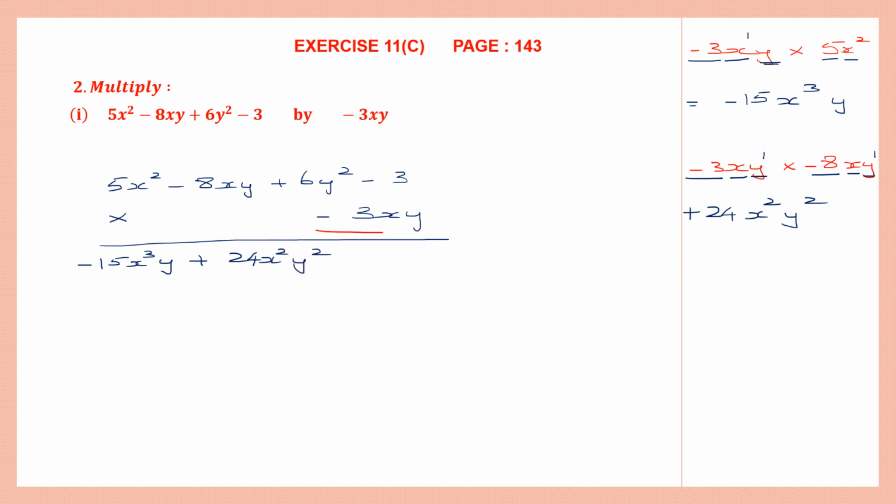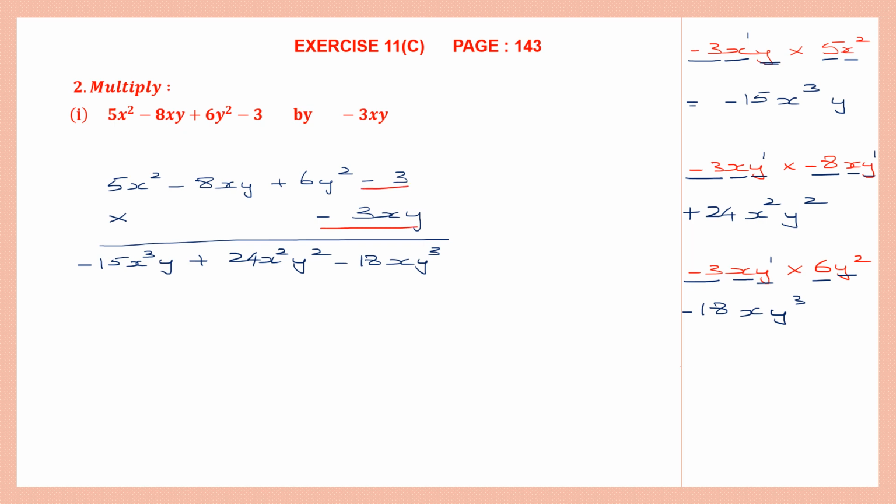Now multiply minus 3xy by the third term. So that is minus 3xy into 6y square. Numerical coefficients minus 3 into 6, minus 3 6s are 18. There's only one x. Now y here we have 1 and there we have 2. So that's y to the power of 3. So minus 18xy cube. Now we multiply minus 3xy into minus 3.